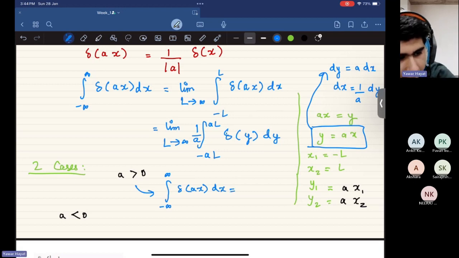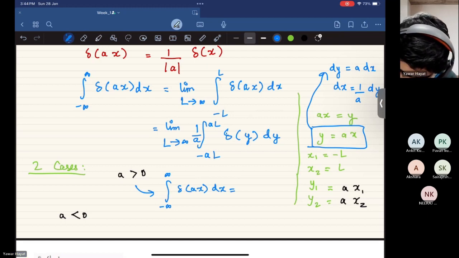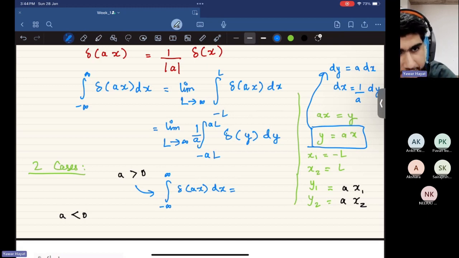The value of this is equal to, I'll be applying the limits in this step. Help me out. 1 by a integral of, when L tends to infinity, this minus AL should tend to, now we are assuming this a is greater than 0.